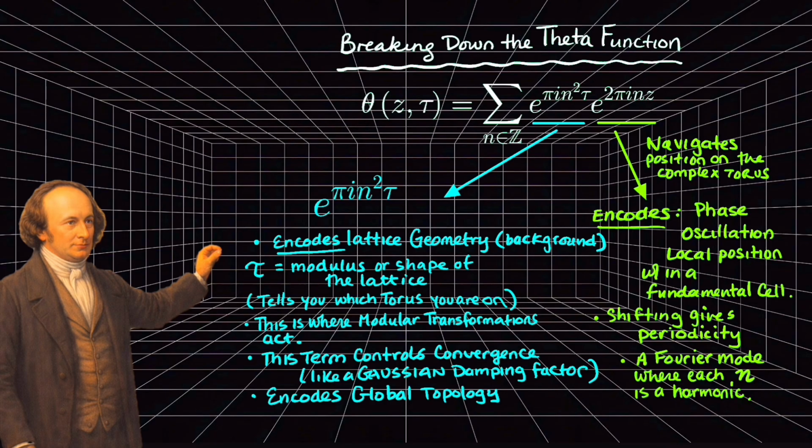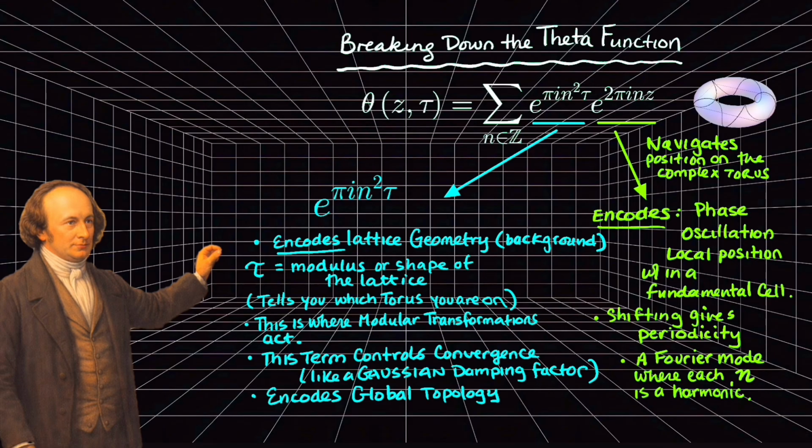So let's break down this theta function. The first portion of this, e to the pi i n squared tau, encodes the lattice geometry, or the background. Tau is the modulus of the shape of the lattice, and this is where modular transformations take action. This term controls convergence and is like a Gaussian dampening factor.